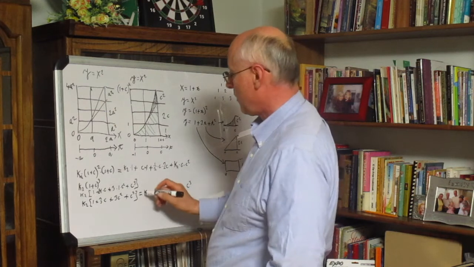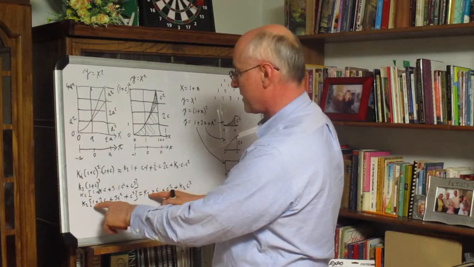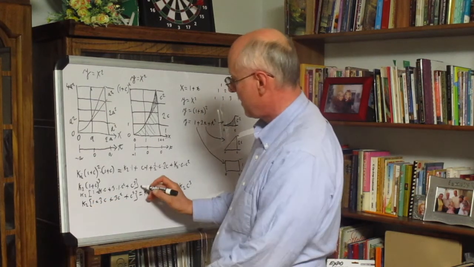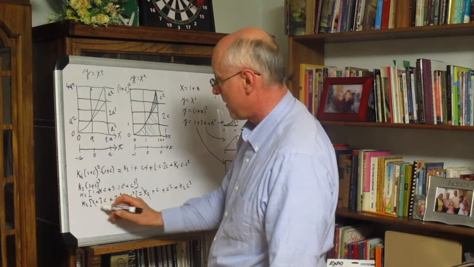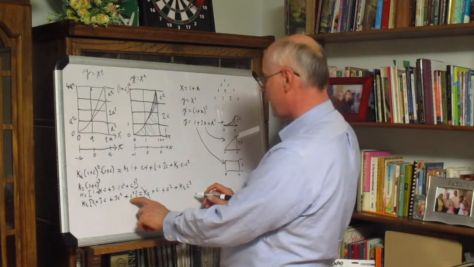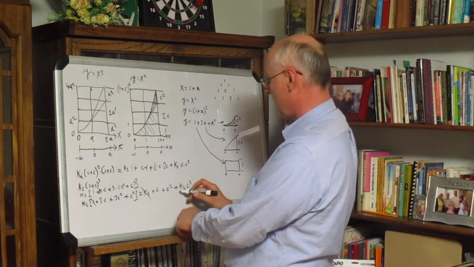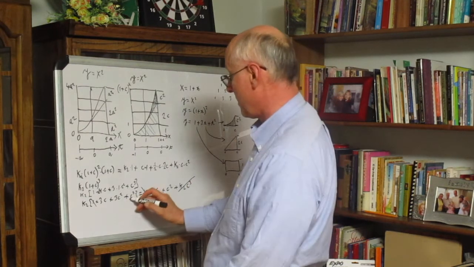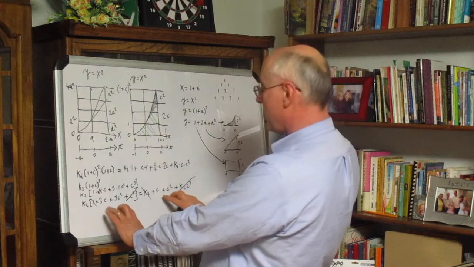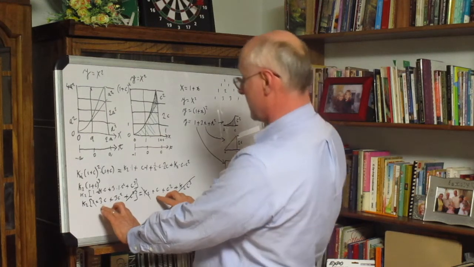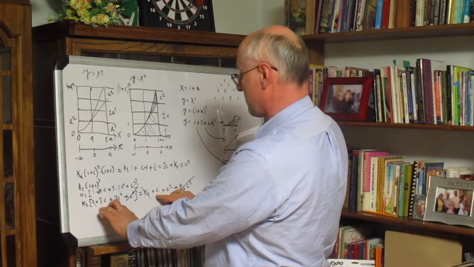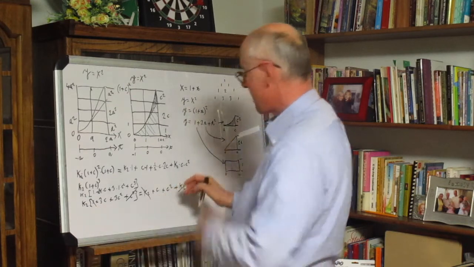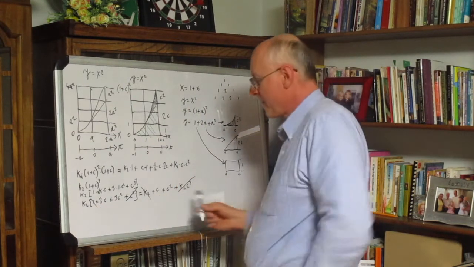So this and this cancel out. K2 times C to the third, well, that's this term. That's out. So we really only have this.